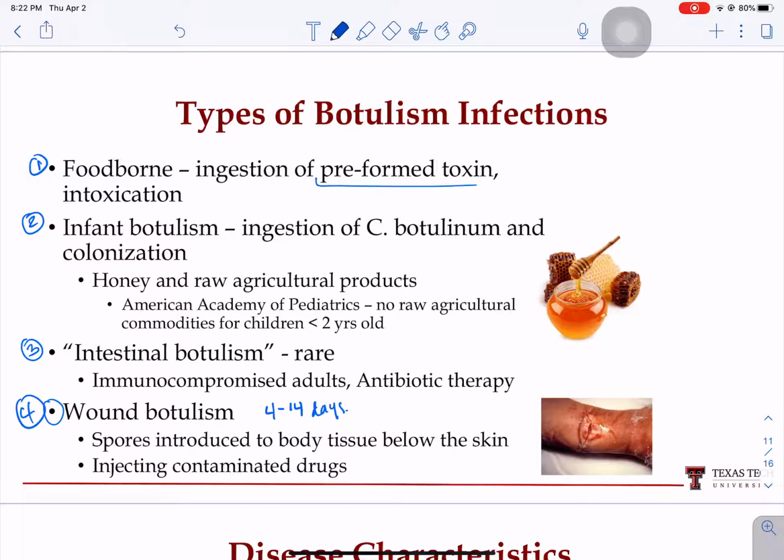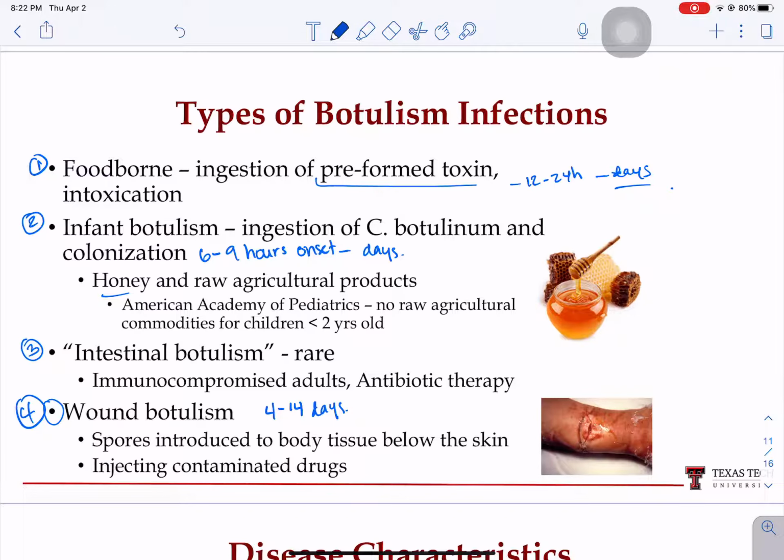Infant botulism, which is associated with honey, may have a 6 to 9 hour onset. It may take up to days as well, and foodborne may have just hours to days, 12, 24 hours, up to even days to have the symptoms, depending on how much you're consuming.